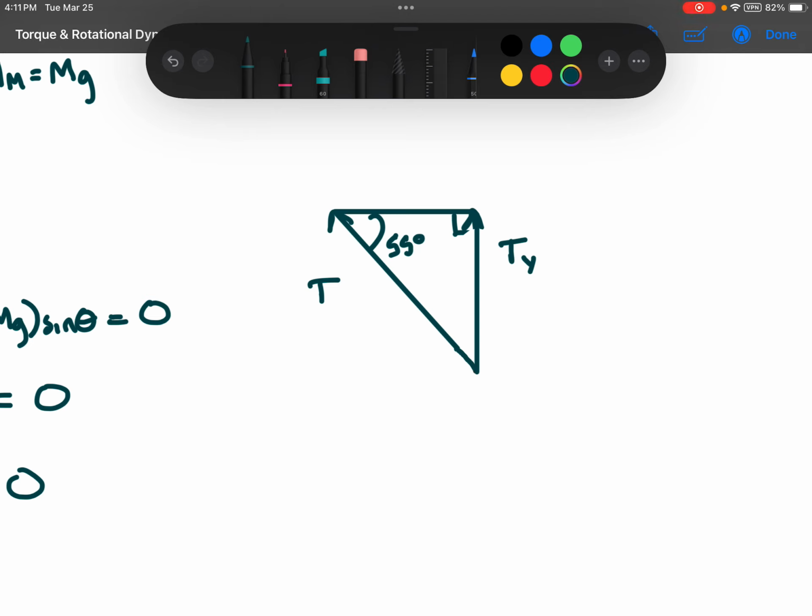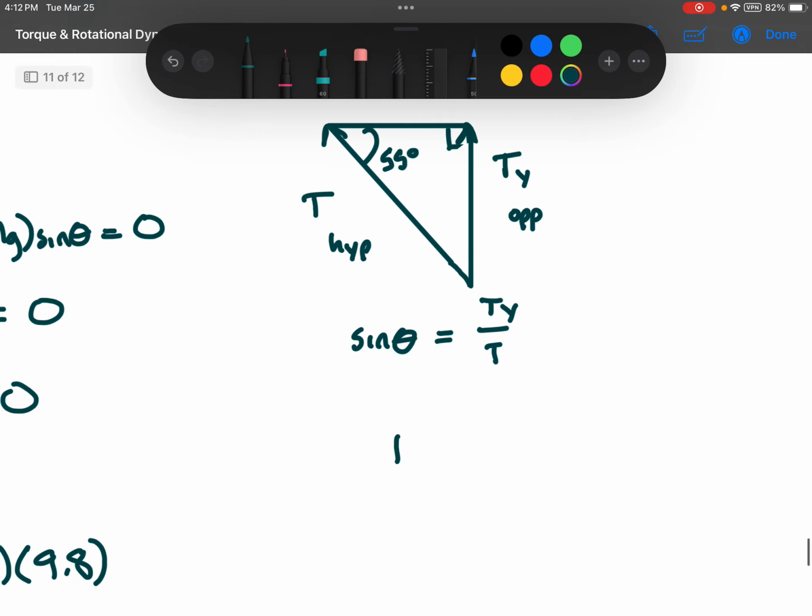All right, so we know this side, which is opposite to our 55 degrees, and we're trying to find the hypotenuse. So it looks like if we use sine, sine theta will be Ty over T. If we're solving for T, we can multiply both sides by T and divide by sine theta. So T is Ty over sine theta.